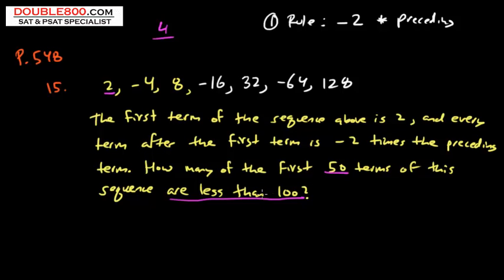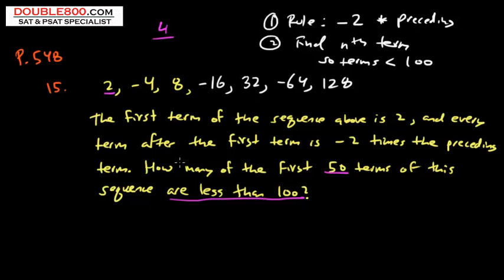How many of the first 50 terms are less than 100? This turns into a reasoning question, because the second step is you have to find whatever the question's asking for. Sometimes it'll be the nth term, or in this case, how many of the first 50 terms are less than 100.